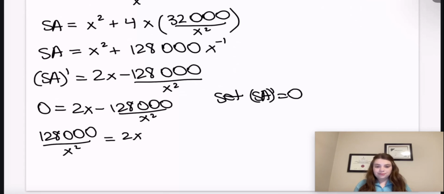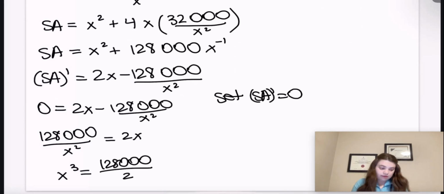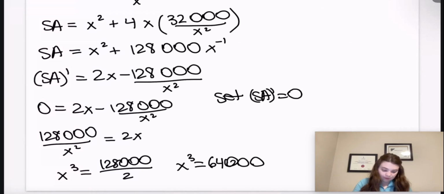Then if I multiply both sides by x squared, and then divide both sides by 2, I get that x cubed is equal to 128,000 divided by 2. And let's figure out what that is. 64,000. So x cubed is equal to 64,000, which is nice and convenient because the cube root of 64,000 is 40.